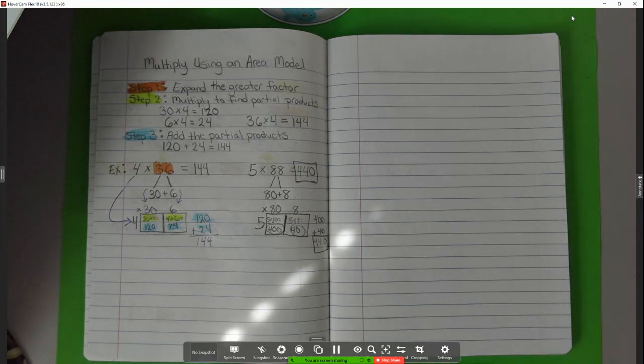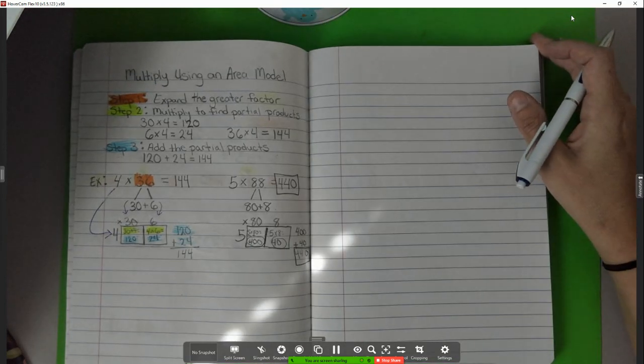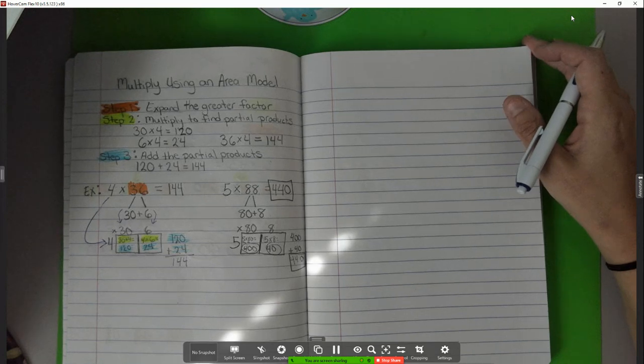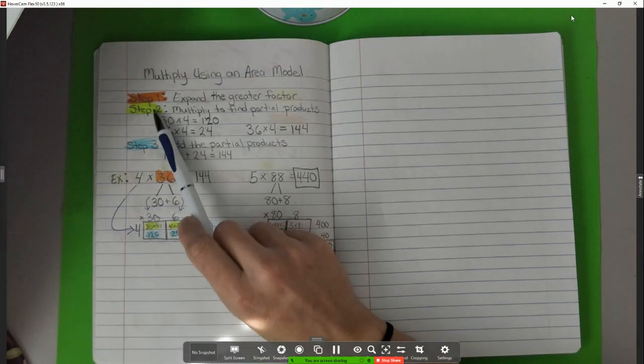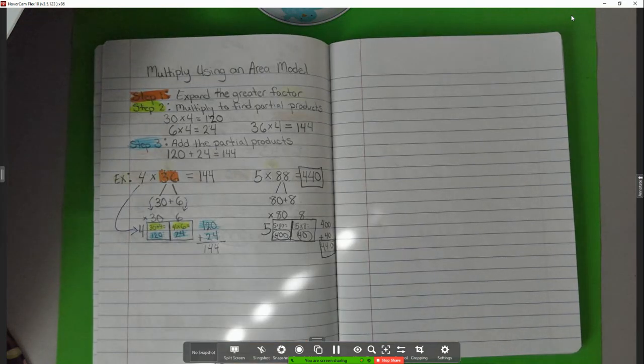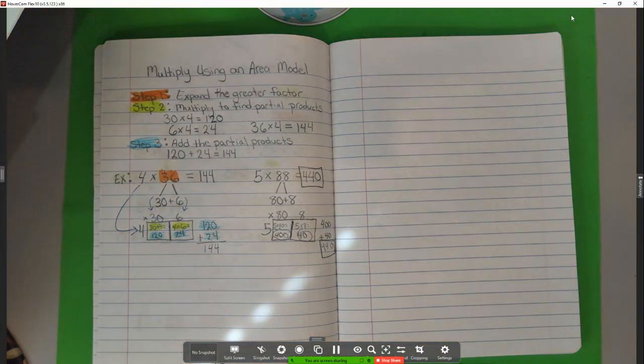So we talked about area model yesterday using multi-digit, or in this case, we started off with 2-digit by 1-digit. Step 1 is expand the greater factor. Step 2 is multiply to find partial products.